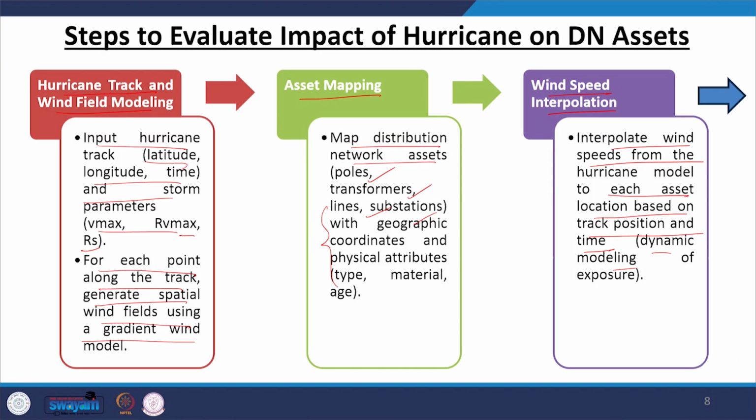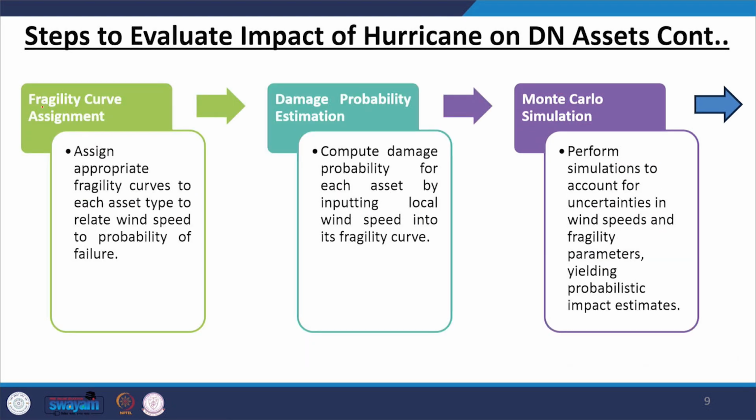And from that wind speed what do you have to do? You have to do the fragility curve assignment. Okay. Assign an appropriate fragility curve to each asset type and relate wind speed to the probability of failure. So, from that wind speed you use the fragility curve that you have already studied in the last class. We will see the fragility curve, we got the wind speed, now you will get the failure probability.